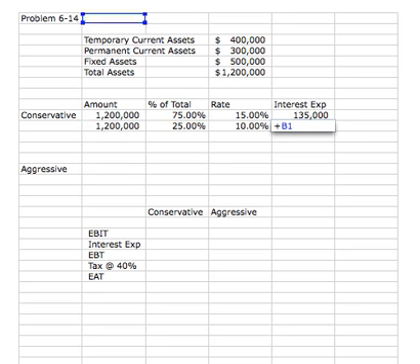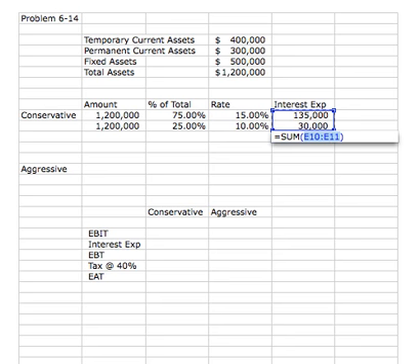The 25% of that number will be financed at 10%. All right, so our total interest expense under the conservative approach is $165,000.